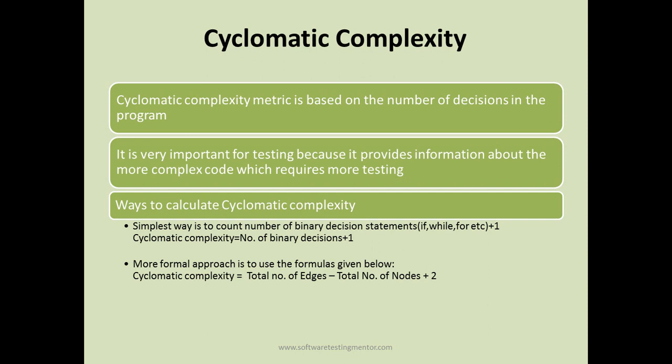The other formal approach is to use the formula: total number of edges minus total number of nodes plus 2. In the next page we'll see an example and how we can calculate complexity for a little piece of code that I have taken.